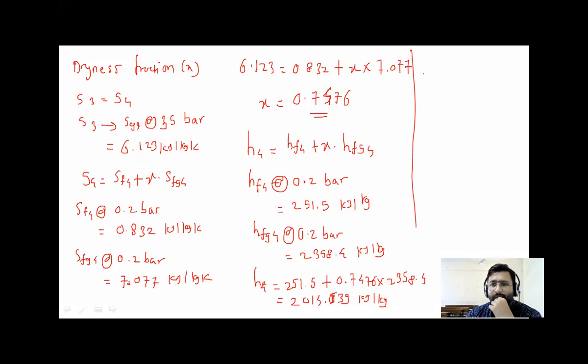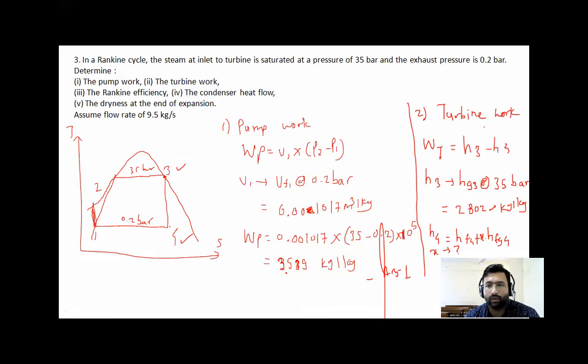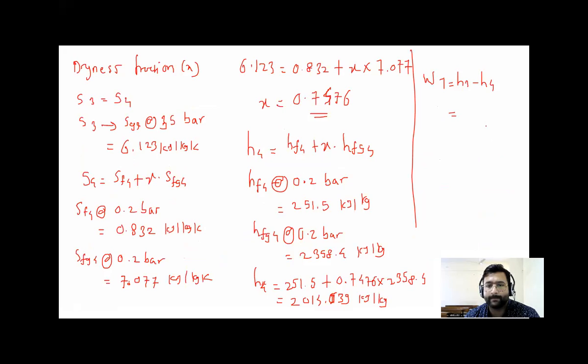So turbine work will be equal to H3 minus H4. H3 is how much? H3 is 2802. So 2802 minus 2014.6.